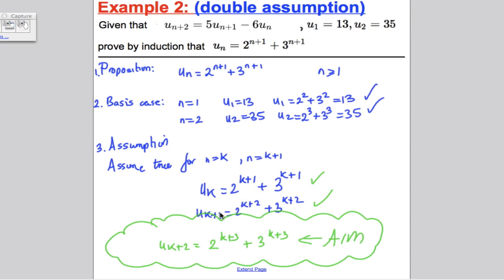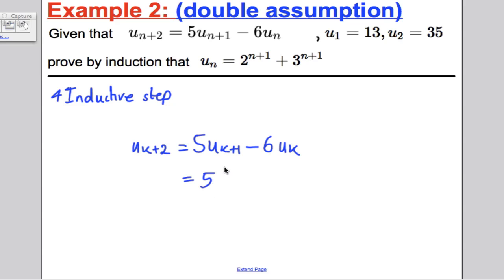We know u_(k+1) is 2^(k+2) plus 3^(k+2), and u_k is 2^(k+1) plus 3^(k+1). So we can substitute in here 5 times 2^(k+2) plus 3^(k+2), minus 6 times 2^(k+1) plus 3^(k+1).